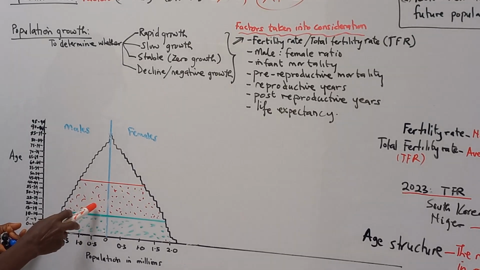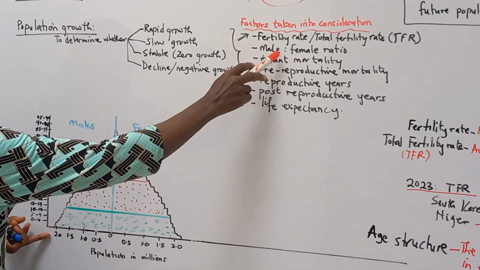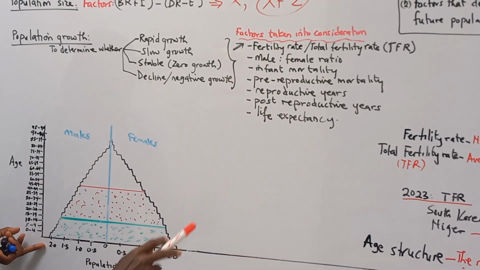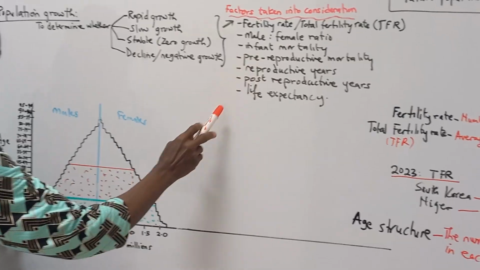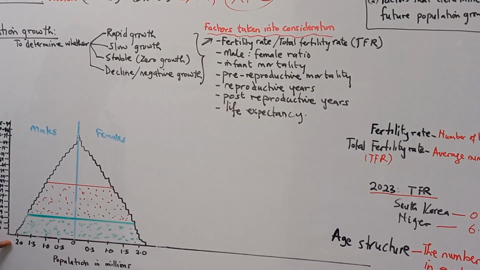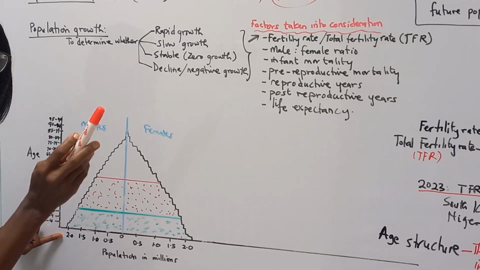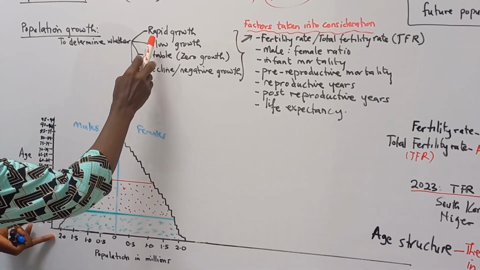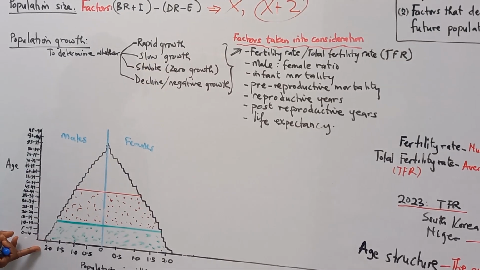In this age structure diagram, analysis is going to be made about the male and female ratios. We are going to look at the reproductive years, pre-reproductive years, post-reproductive years, and life expectancy. This analysis will make us know whether the population is growing rapidly, slowly, stable, or in decline.